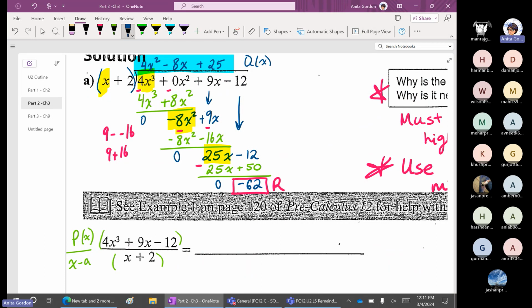This is going to be 4x squared minus 8x plus 25. And my remainder. Well, my remainder is negative 62 over x plus 2. Because I can't go any further, but it's not done. Right? So there's nothing else I can do. So this is my remainder. Here is q of x, my quotient. Here's my remainder.